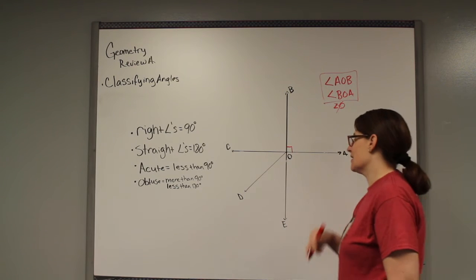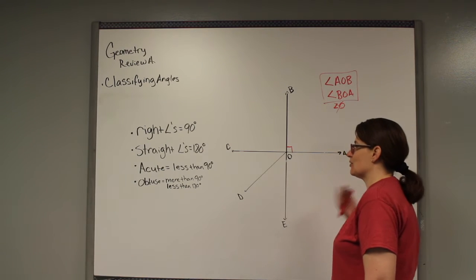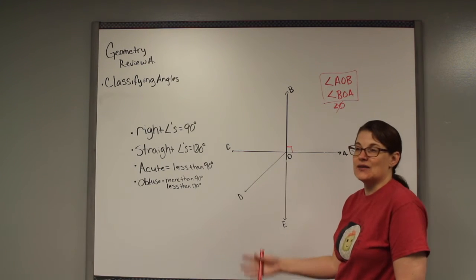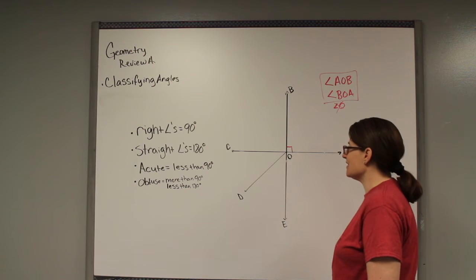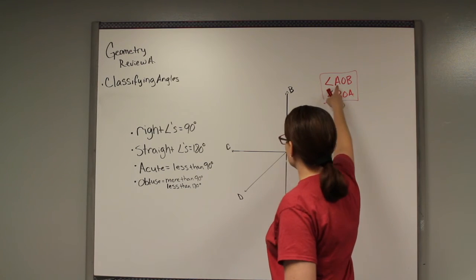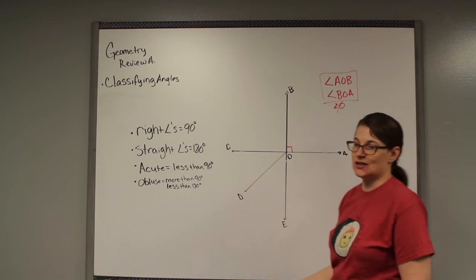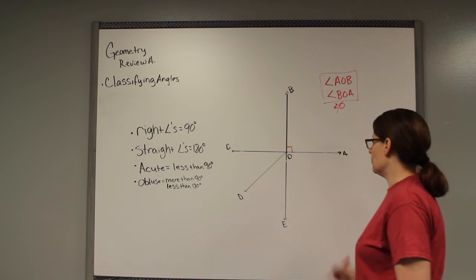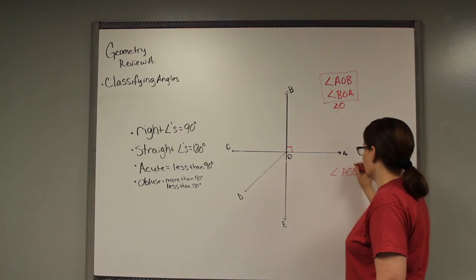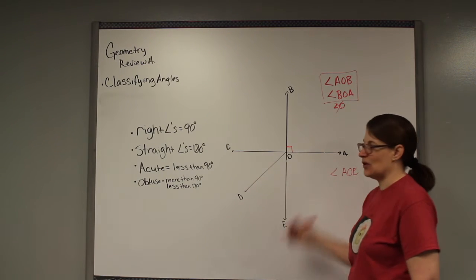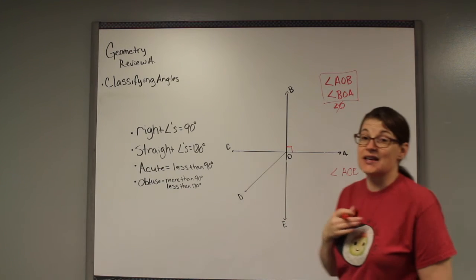In this lesson, they may say identify right angles, straight angles, acute angles. They may give you a certain degree or something like that. If I said label a right angle that's not AOB, because I just labeled that one, you might say angle AOE, this one right here. Okay, a straight angle is a straight line.